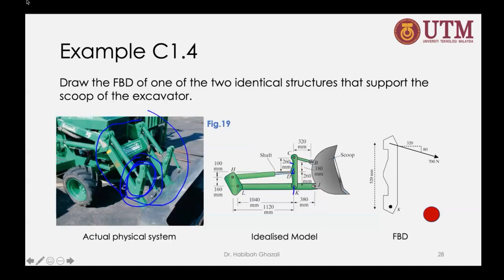If you are about to draw, for example, a section of a bridge where the support is a roller support, you should know that a roller support allows motion in the X direction and also allows rotation, but it will stop it from moving upward or downward. So we must know all of those.